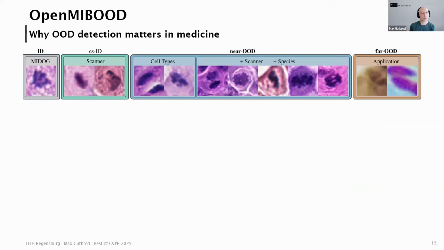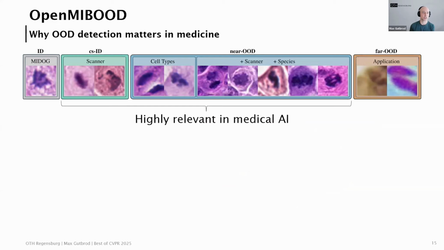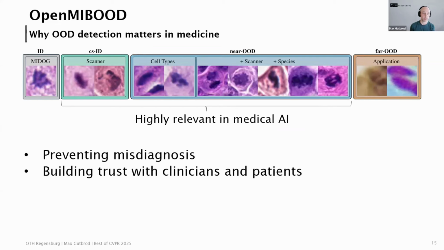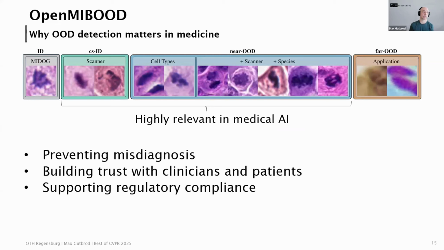But why did we design the benchmark in this way? We think this section here is highly relevant in medical AI, because if we can catch these OOD cases, we can prevent misdiagnosis, we can build trust with clinicians and patients, and we can even support regulatory compliance.